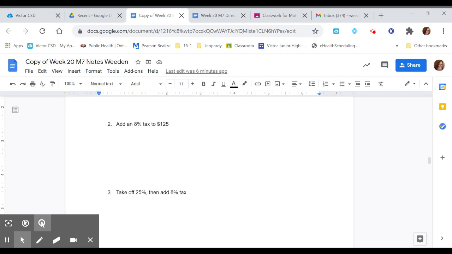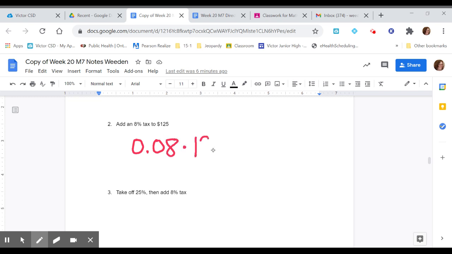We can do the same thing when finding a tax, but remember, we add on a tax. So using our expression, 8% of 125, we would write it as 0.08, because it's 8 hundredths, times $125.